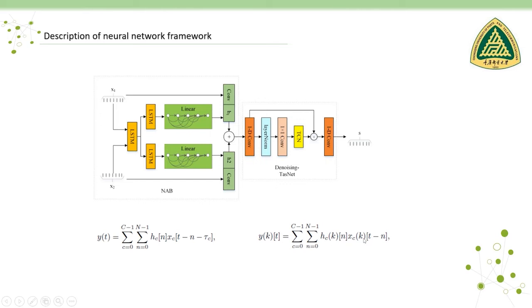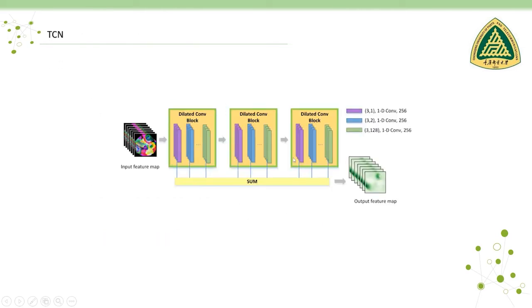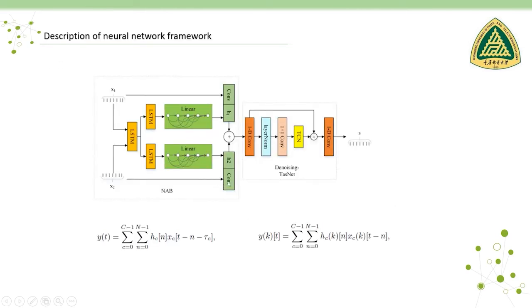So tau_c is implicitly expressed by H_c[k]. The output of NAB is used as the input of the Denoise-TasNet model for further noise reduction processing.